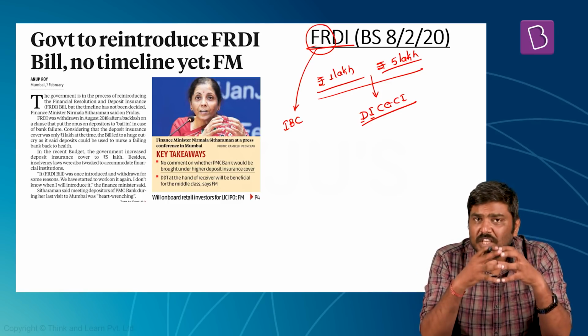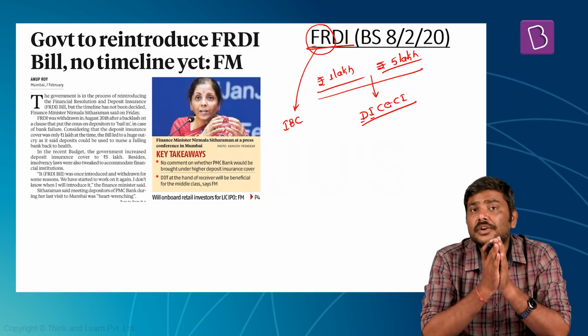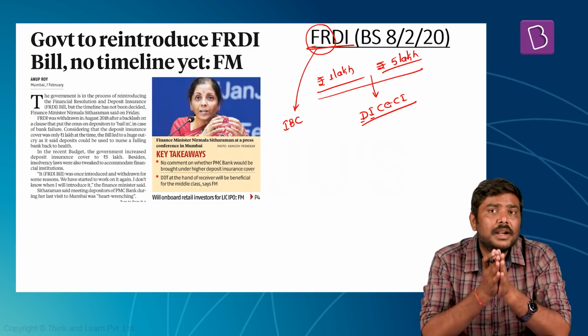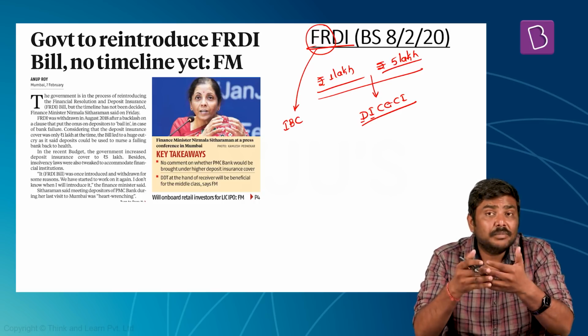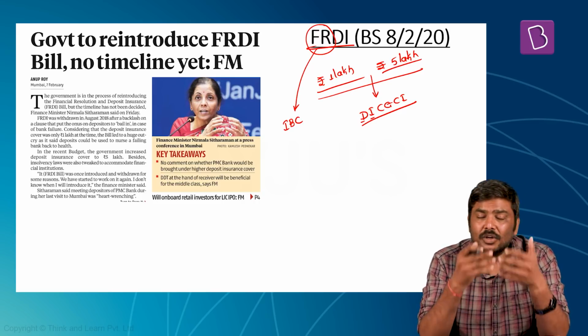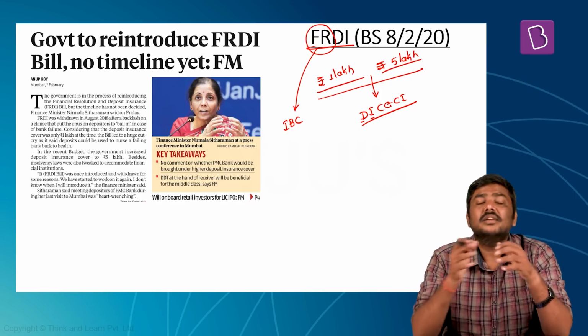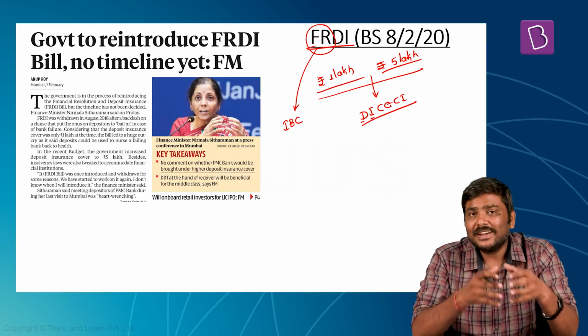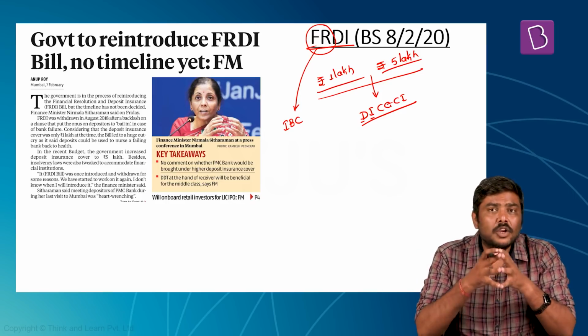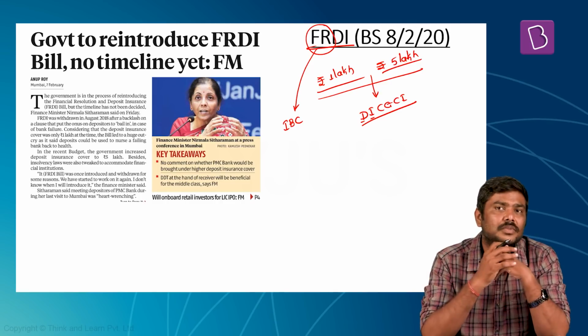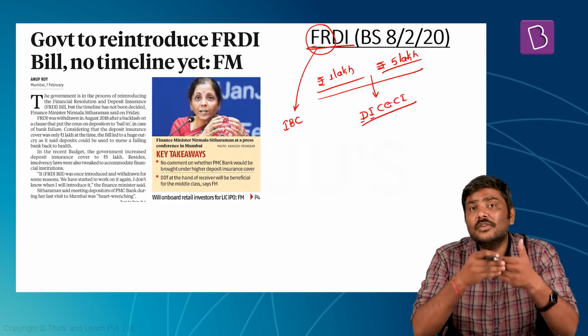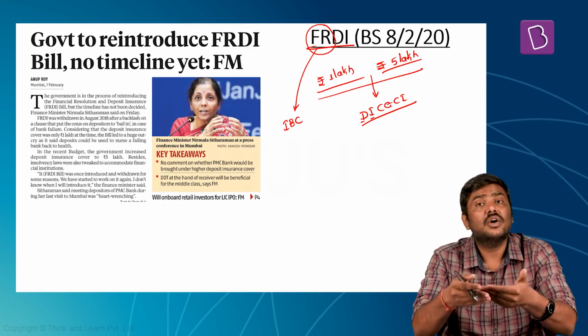The performance of these particular financial institutions will have a direct impact on the credit availability in the market, the investor sentiment in the market, the credit growth to various segments in the market, which will have a direct impact on whether Indian economy will reach the goal of $5 trillion or not, or whether Indian economy will perform up to its potential or not.